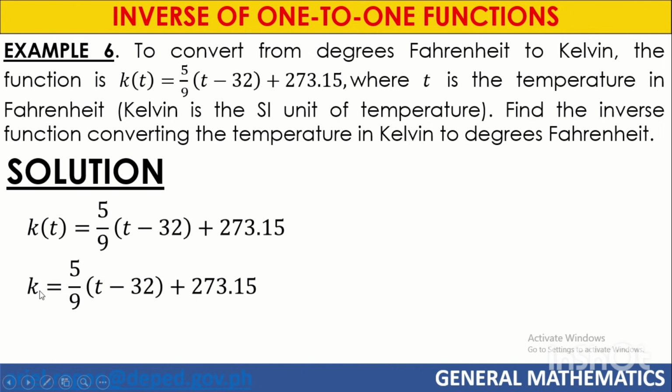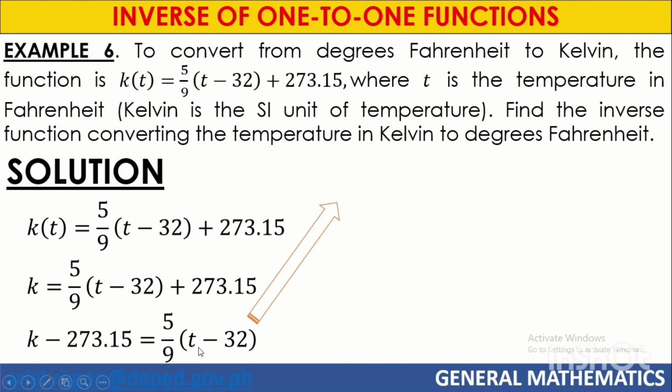So dito, palitan natin ng k. So ito, the 273.15 lipat natin doon. So magiging k minus 273.15 is equal to 5 over 9 times t minus 32.